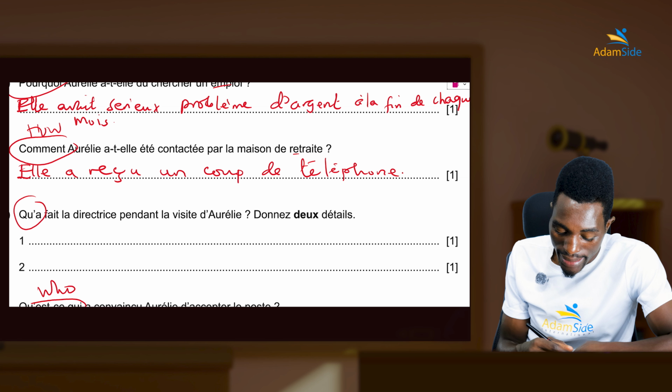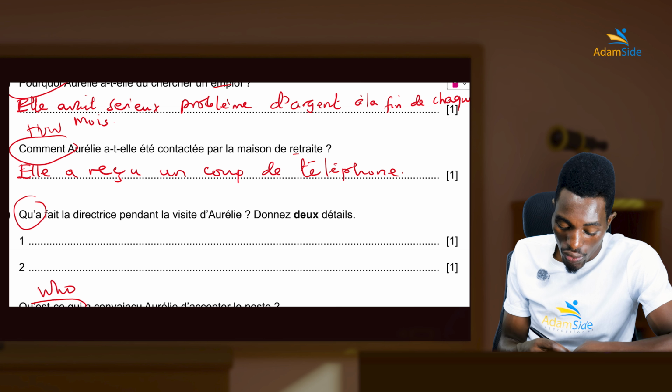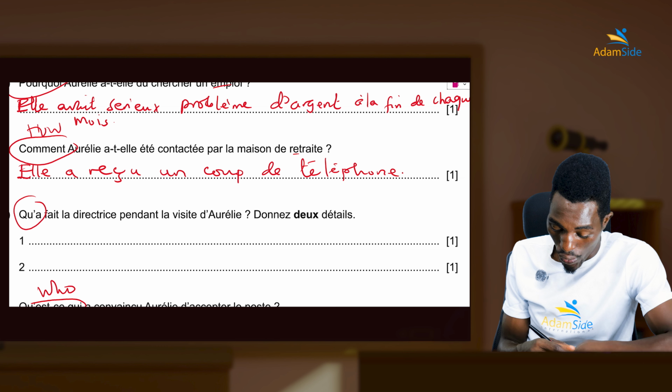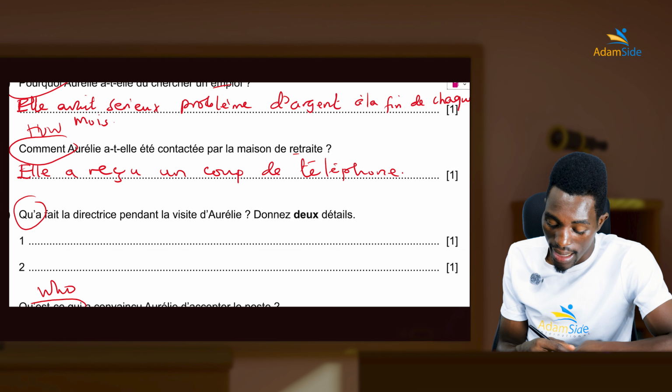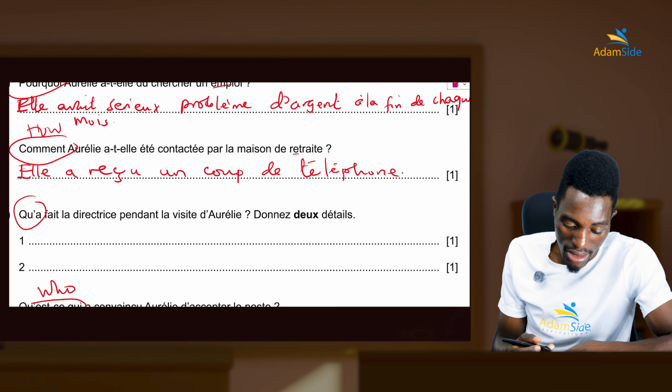Then question D. Qu'est-ce que fait la directrice pendant la visite d'Aurélie? So we have to find what the director did when Aurélie visited the house. So let's go to the text now.